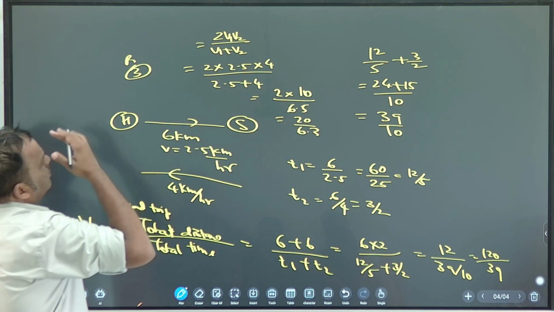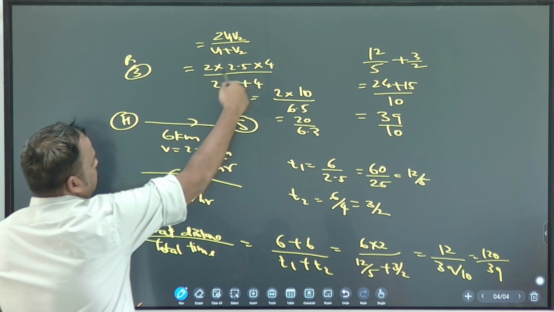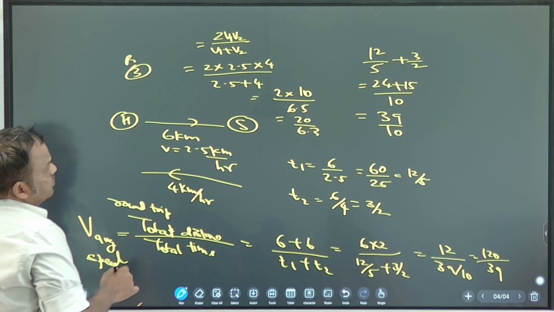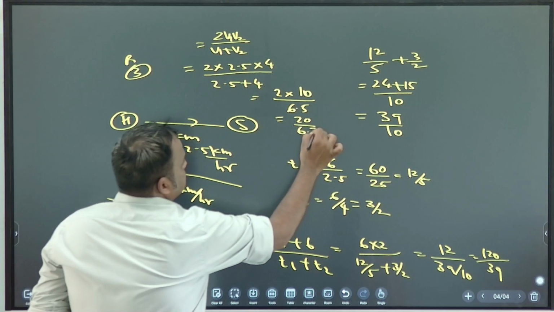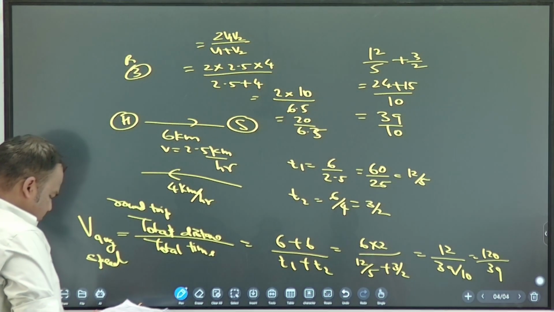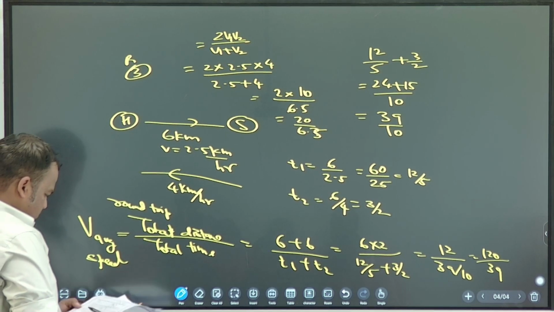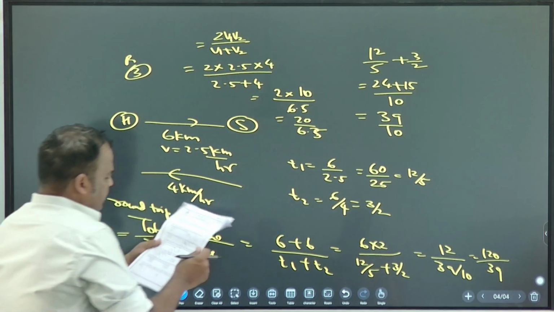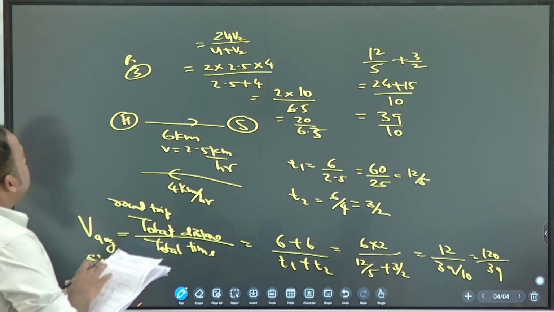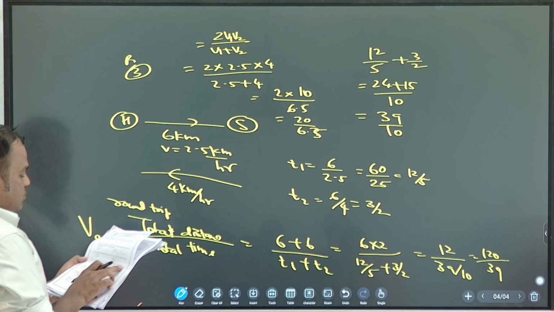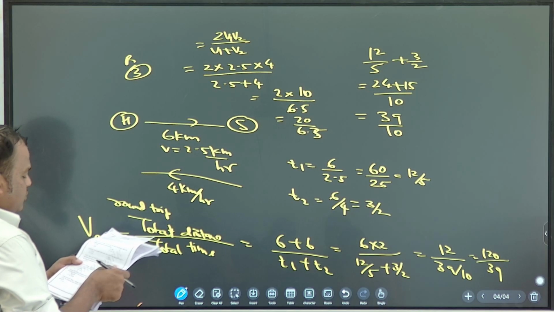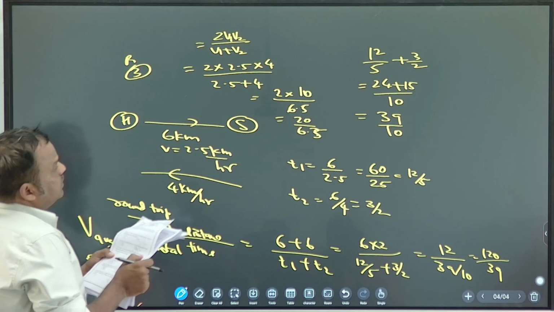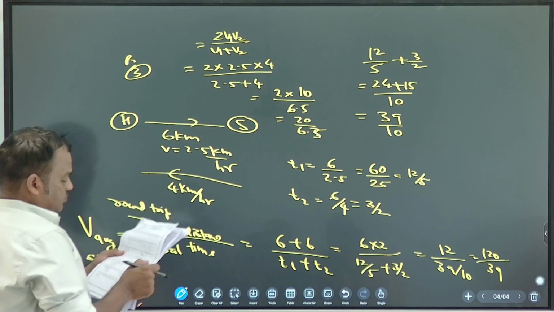So 2.5, correct. 2.5 into 4 by 2.5 plus 4, that is 6.5. 20 by 6.5. So what is the answer? 2.5 and 4. 40 by 13.